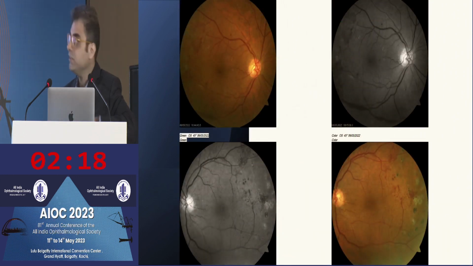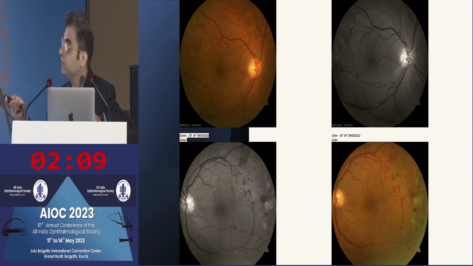So this is another case in which we did not use the implant. This is a proliferative diabetic retinopathy, and you can see on your right-sided image that there is an active neovascularization. So this is a proliferative case with a PRP already done, but in spite of the PRP, the patient still has neovascularization, which we can see in the red free image as well as the color images.